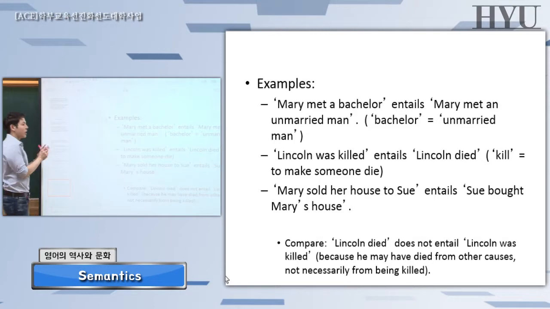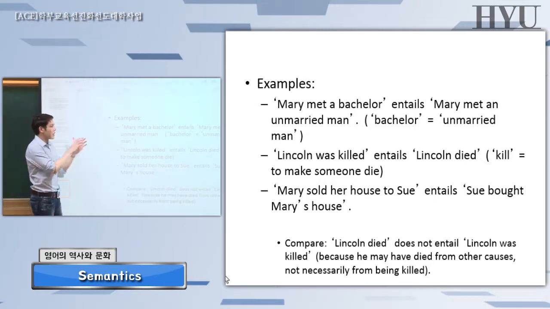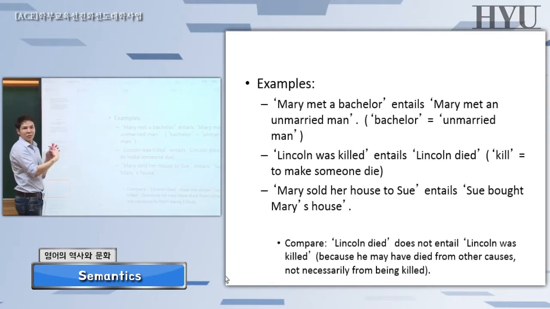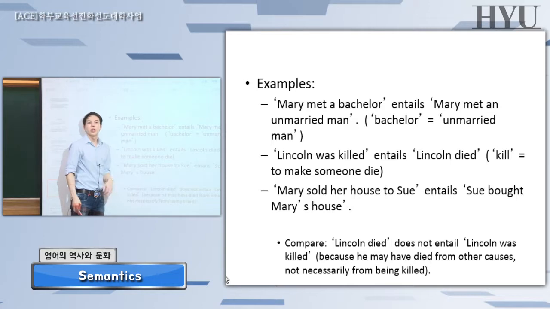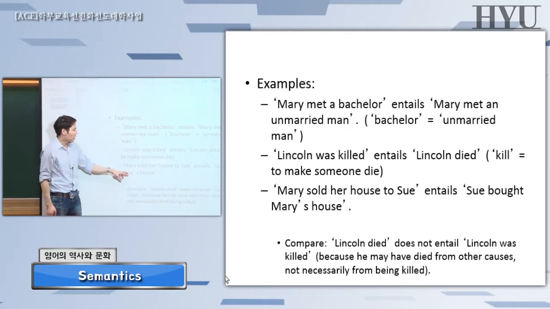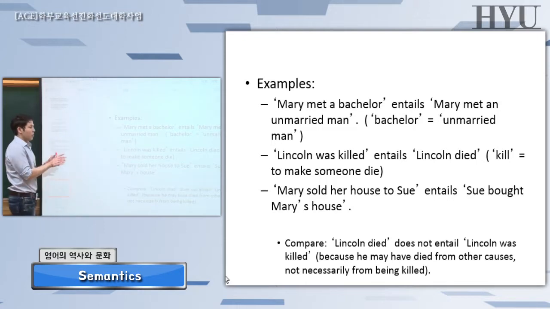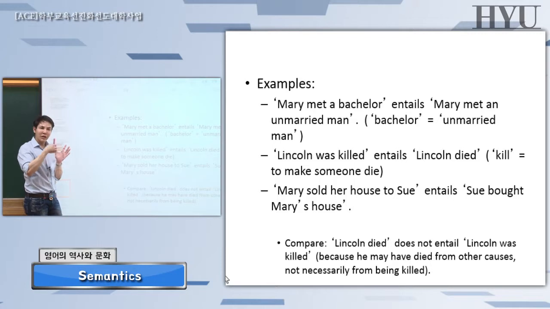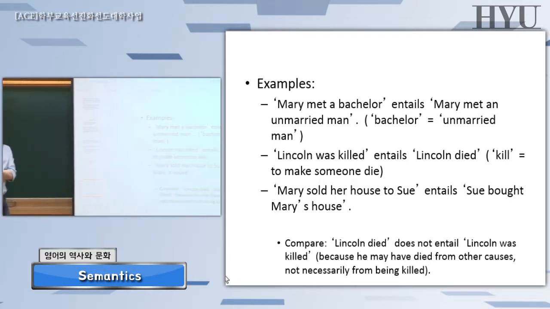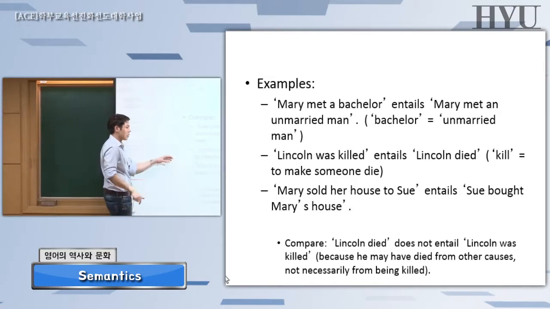Kill is to make someone die. So the two sentences overlap in terms of meaning. Mary sold her house to Sue entails Sue bought Mary's house, because to sell something to someone means that someone buys that thing from you. So the two sentences overlap.